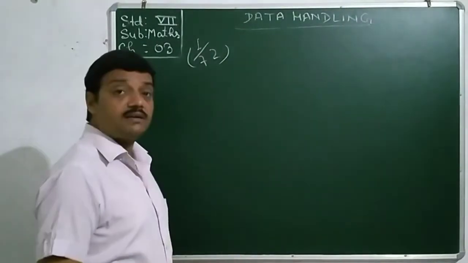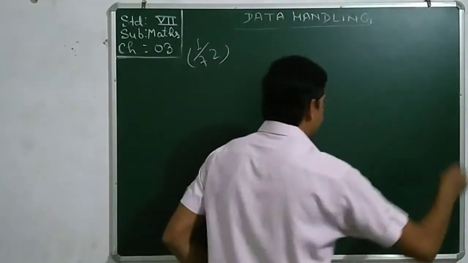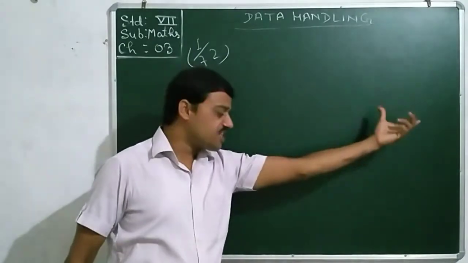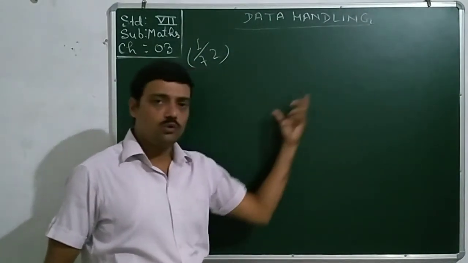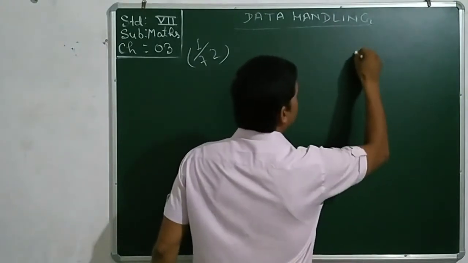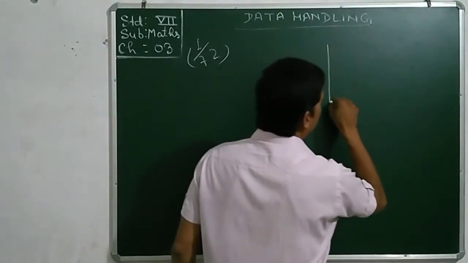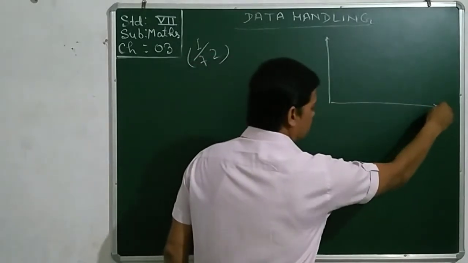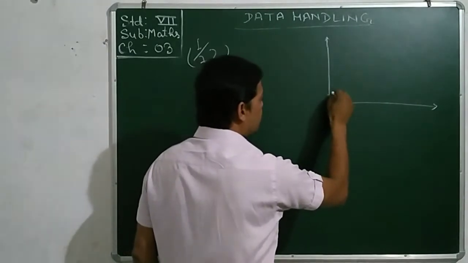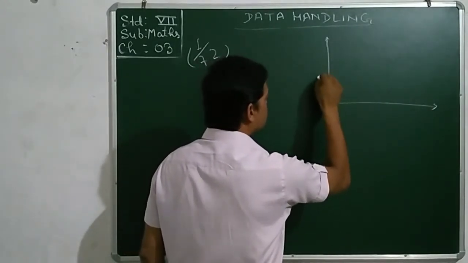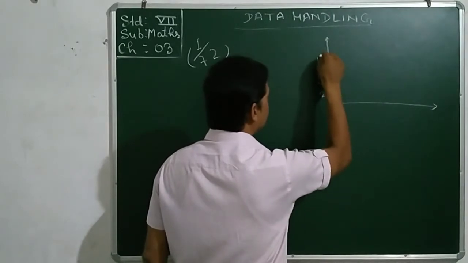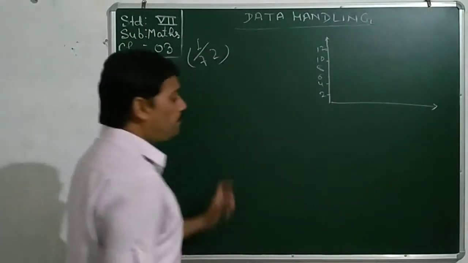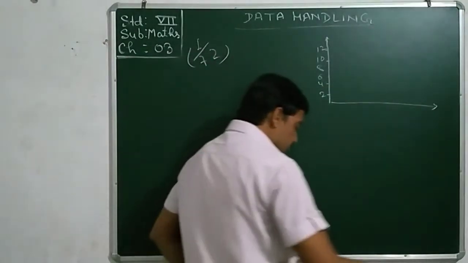If you look at the bar graph given there, I am making a casual bar graph like the one drawn in your book, so that I can conclude things from it. See how the graph looks. The scale is given as 2, 4, 6, 8, 10, 12, and the number of pets is also given.